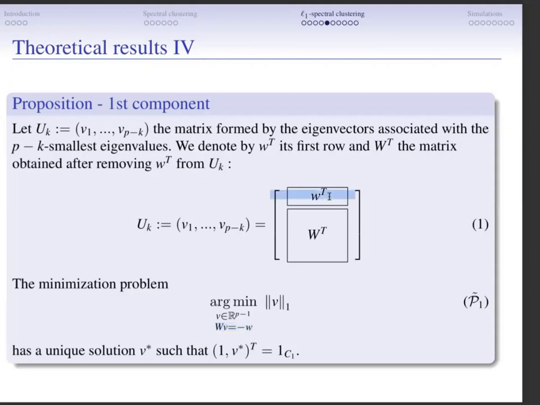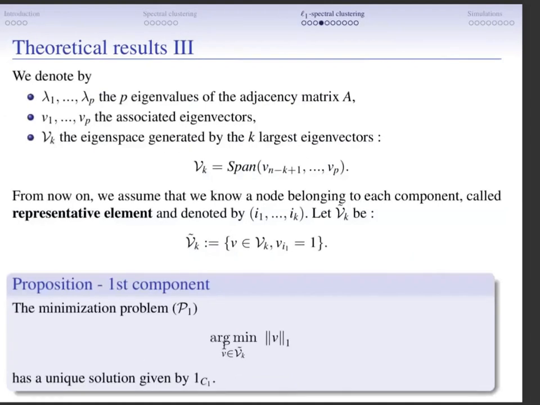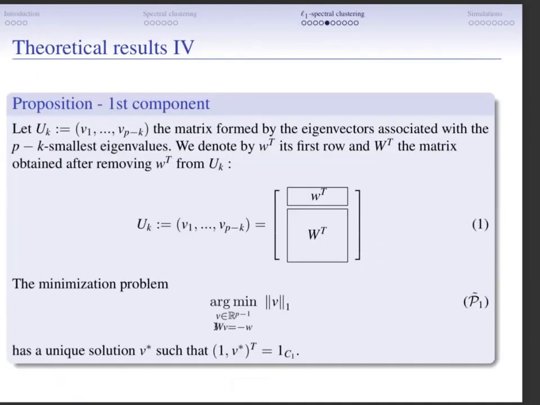We denote by w the first row and capital W all other rows, and you can simply rewrite this space like this. It's exactly the same as solving capital W V equals minus w, of course with the constraint that your representative element belongs to this component.